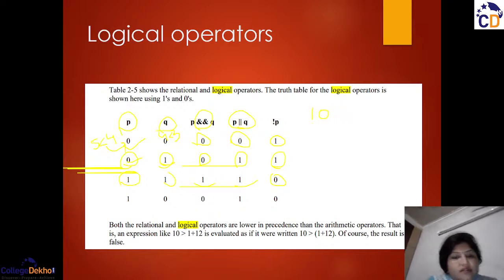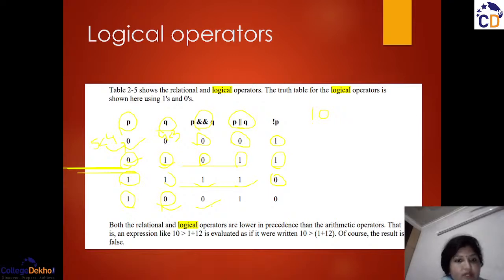Now next thing is, if you have the result that is 1, here you will get 1. The test expression of the first condition would be true and the second condition is false. So I told you if any one of them is false, then your answer would be false using the AND operator.